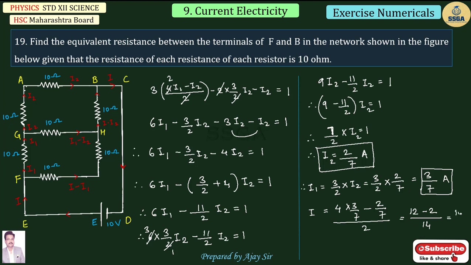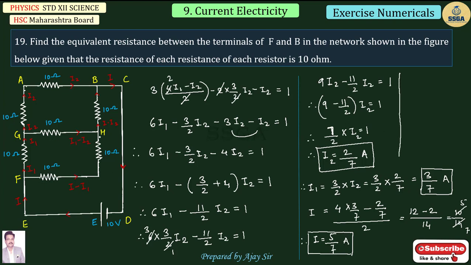So simply we can write this as 10 by 14 by using table of 2. 2 5s are 10 and 2 7s are 14. Therefore I is equal to 5 by 7 ampere. This is the current I. This is I2. This is I1.